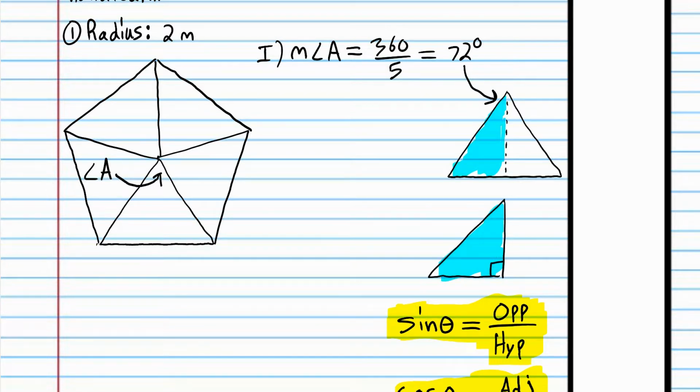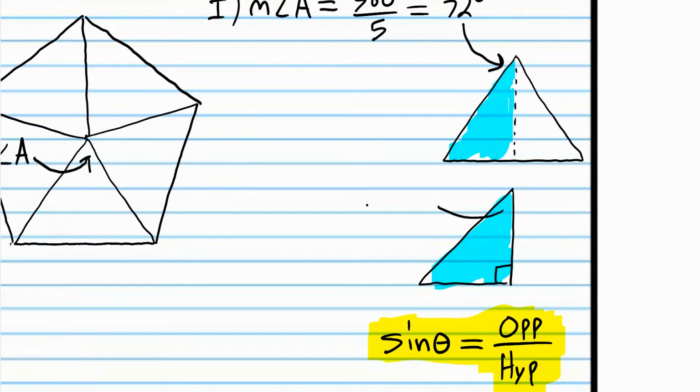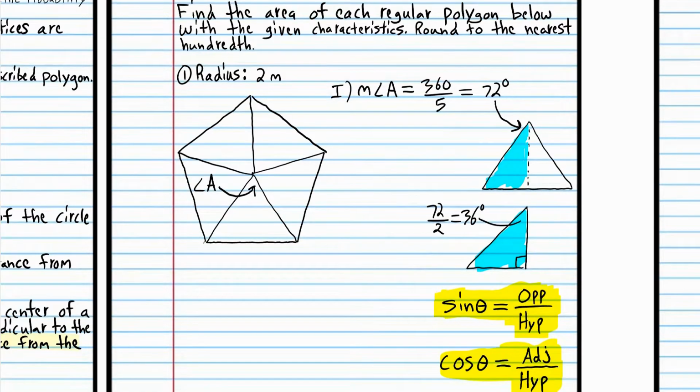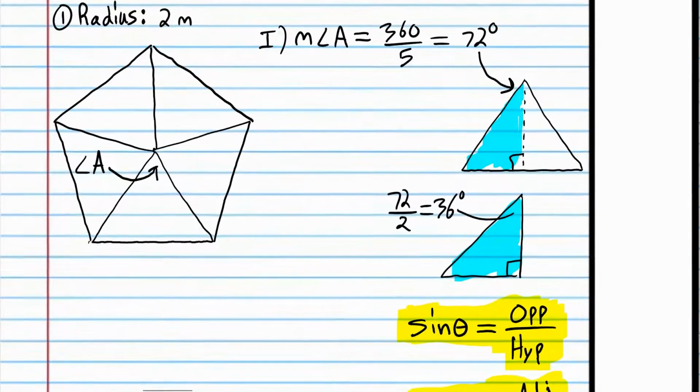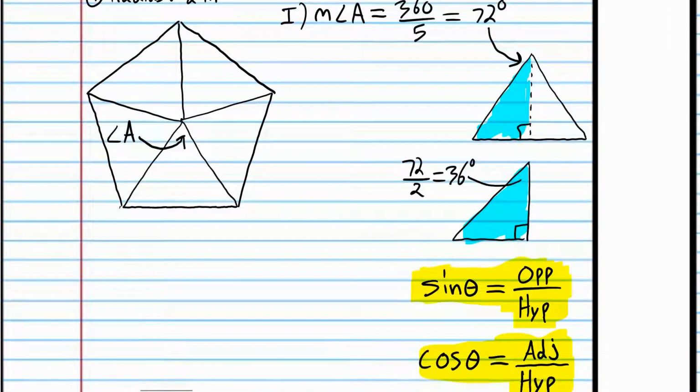And this angle here is 72 divided by 2, which is 36 degrees. That's just because these two triangles are congruent. They're both right triangles, and so the corresponding parts are congruent, which means that this angle must be equal to this angle. So just divide 72 by 2 and get 36.